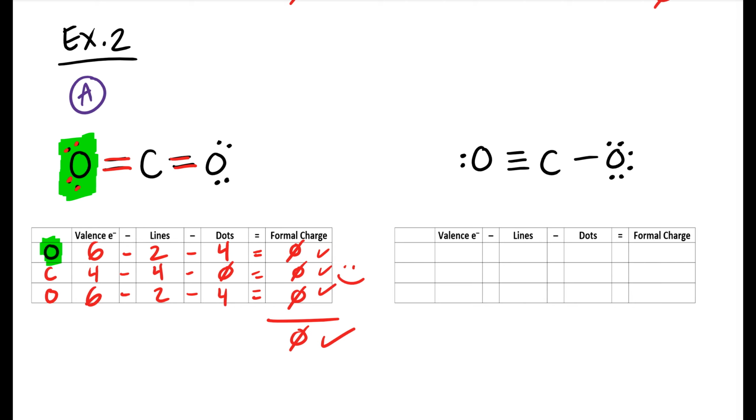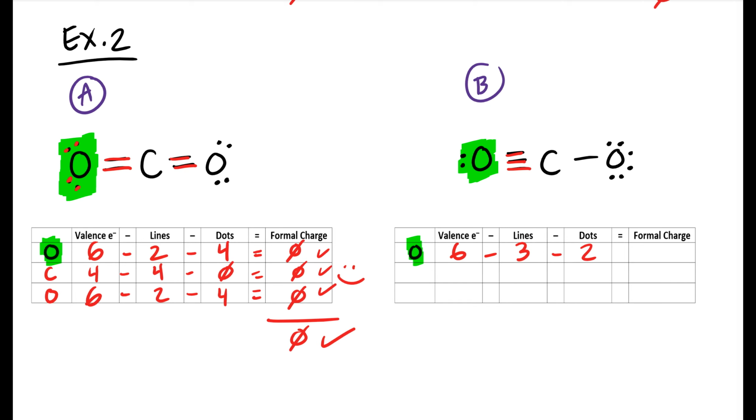Well, let's take a look here at Lewis structure B. We're going to do the same thing. I'm going to highlight this oxygen here on the left. The oxygen on the left has 6 valence electrons, minus 1, 2, 3 lines, minus 2 dots.